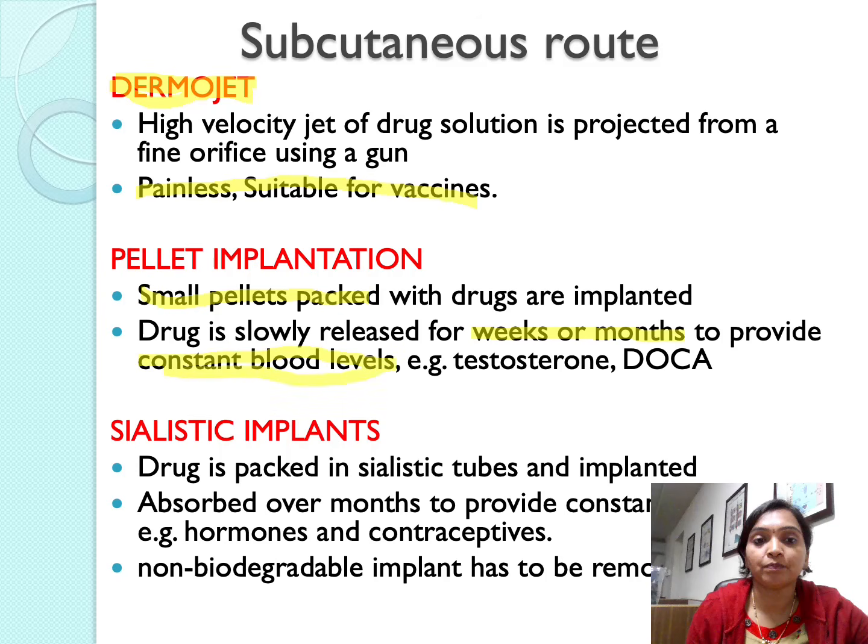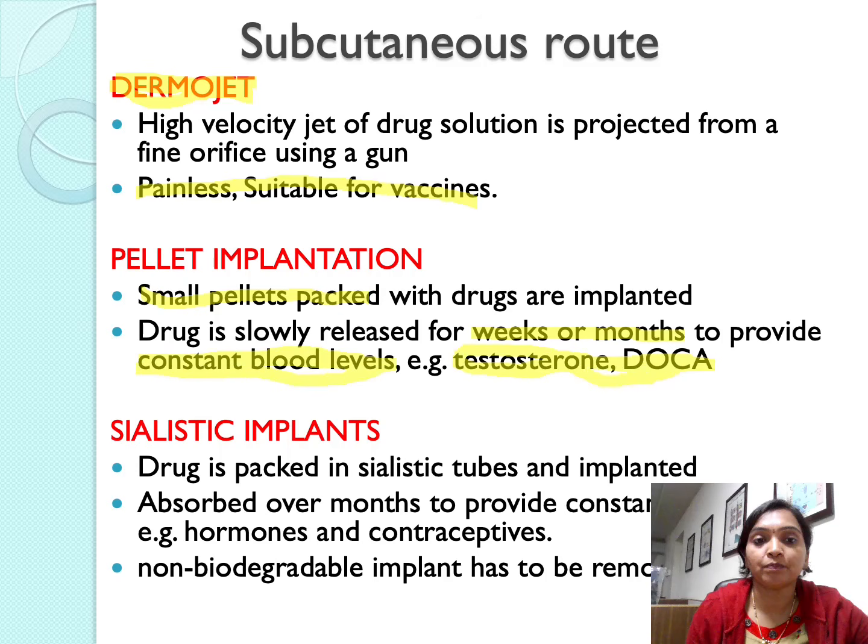From that pellet, the drugs will be slowly released, and it will help to maintain the plasma concentration. Examples of drugs given through this route are deoxycorticosterone, used in case of Addison's disease, which are lifelong conditions, and testosterone, which can also be given through pellet implantation.